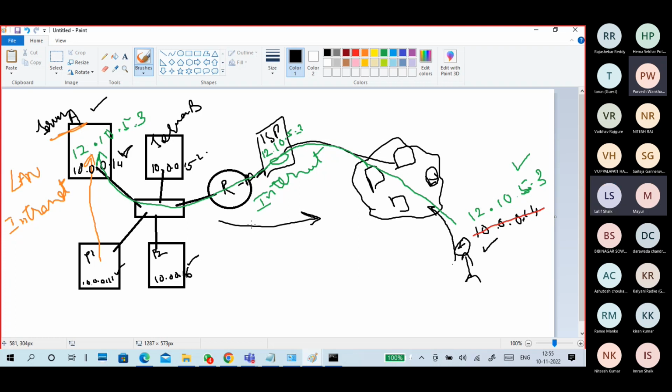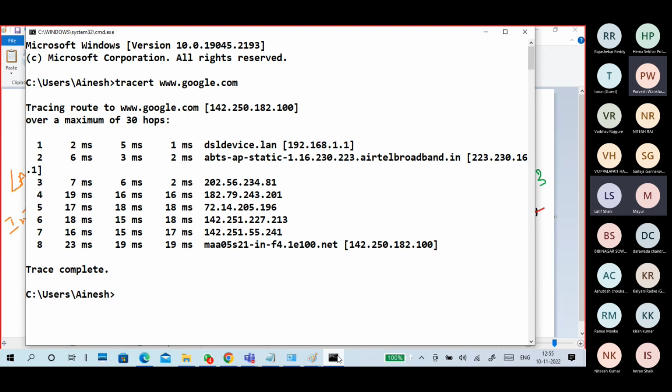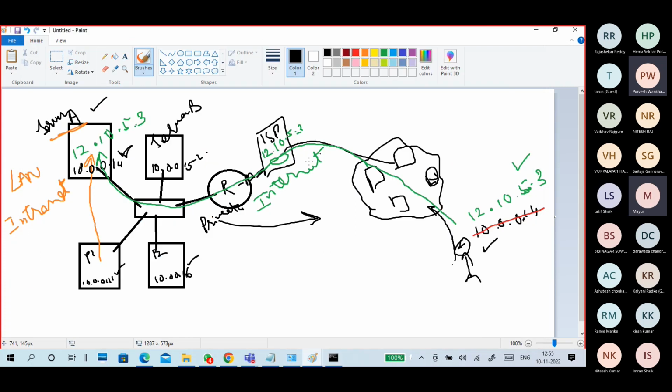So this is the private side, or local side. Mostly we are trying to find the server IP address, for example www.google.com. Maybe if you go to this server, www.google.com may not be the same IP address. It can be a different IP address internally. Those are public access servers. So this is my public side.